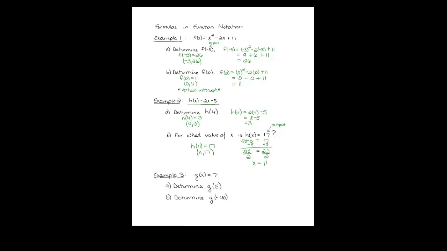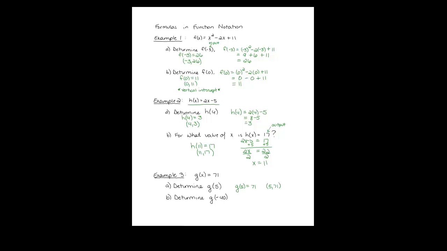Now, the interesting thing that happens here, when you go to plug in 5, you write g of 5 is equal to, 5 is the input, so you're going to replace all of the x's in the equation with 5. The thing is, there are no x's here. G of 5 is equal to 71. And that's all you can do. So g of 5 equals 71. The ordered pair would be 5, 71.